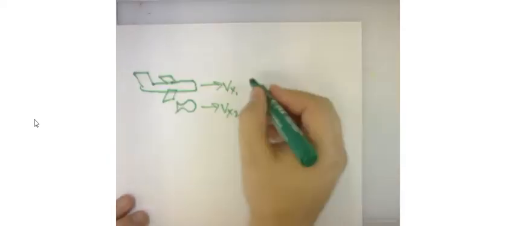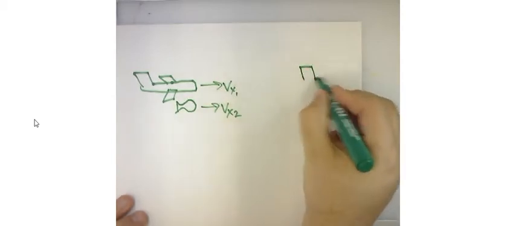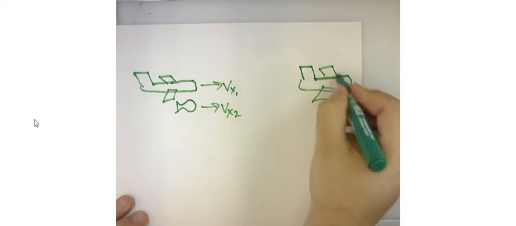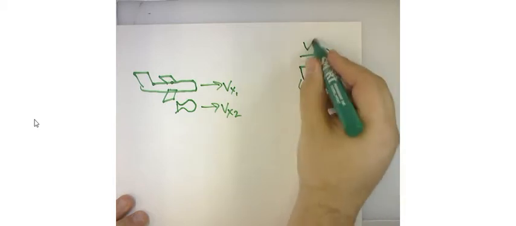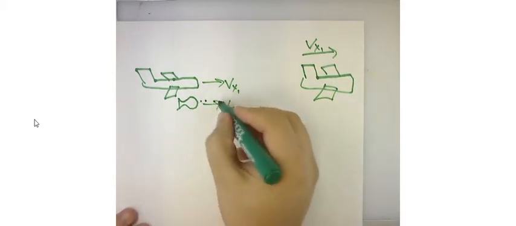Now both of them have the same velocity in the x direction. Now as they progress, what happens is that the plane, for the most part, stays on that same path with the same velocity, right? Now the only thing that changes with the bomb is because of gravity.